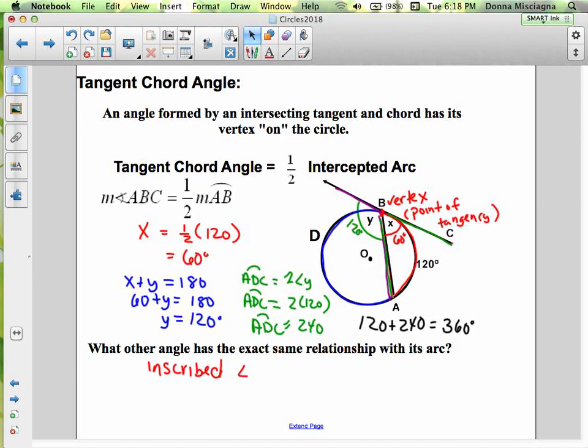All right? So we're going to use the formula tangent chord angle equals half the arc, or the arc equals, let's add that to your notes as well. Add this part to your notes too. The arc equals 2 times the angle.